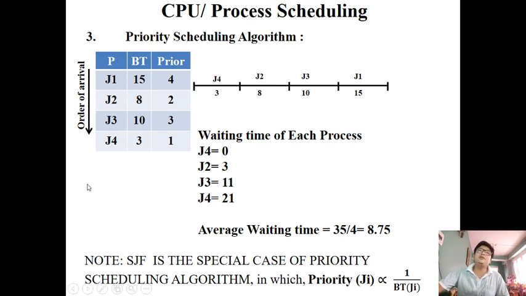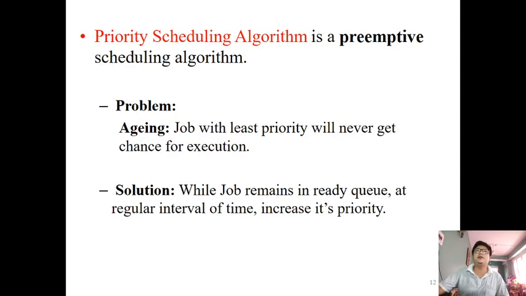Suppose at time t equals 1, another job comes, and every time a new job comes with some different priority. There must be some process that has been waiting from the beginning and has the minimum priority. Such a process will never ever get a chance at the CPU.